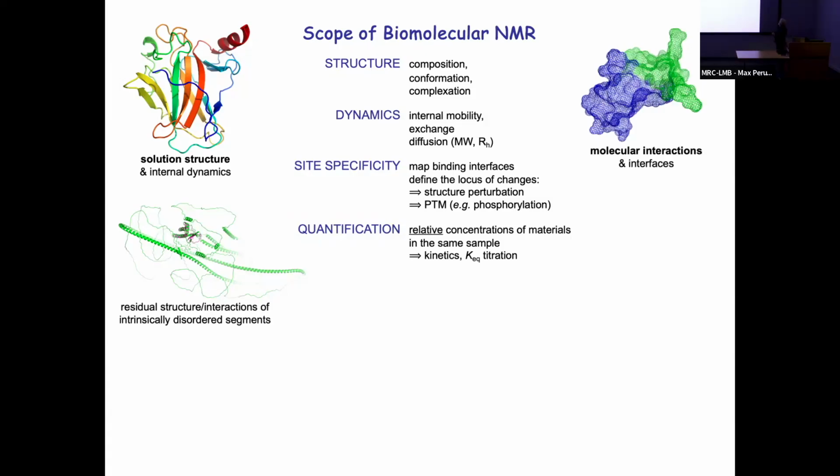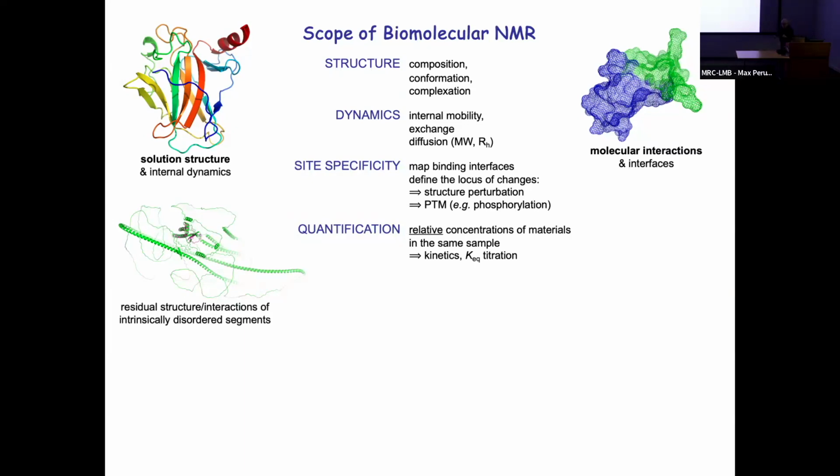We look at molecular interactions and interfaces. So it is one of the gold standard techniques when you have proteins in a pull down. Is that an actual direct interaction between those two proteins, or is it just that all of them are part of the same complex? So we can get information on the binding interfaces.